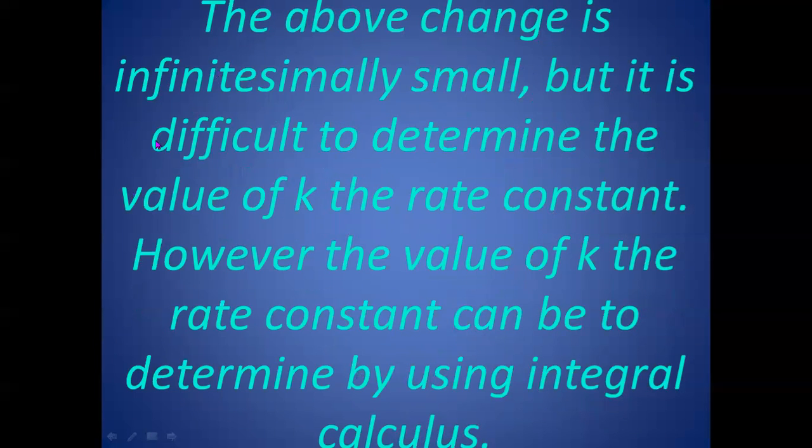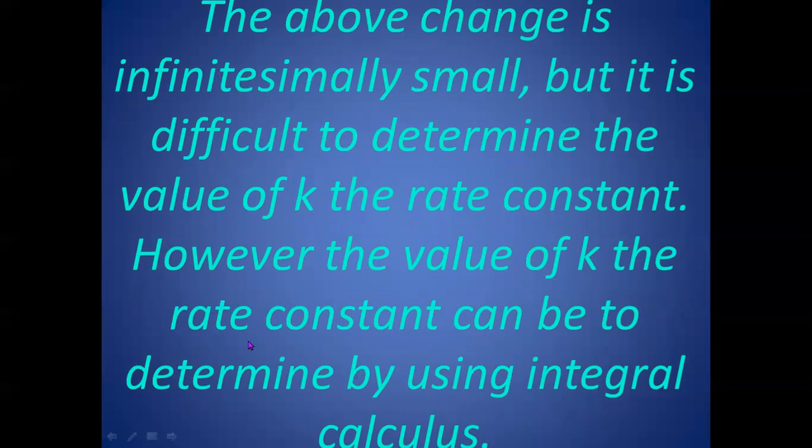The above change is infinitesimally small. Whether we use dx or dt, they represent a very small change, called an infinitesimally small change in concentration and time. But it is difficult to determine the value of K, the rate constant.